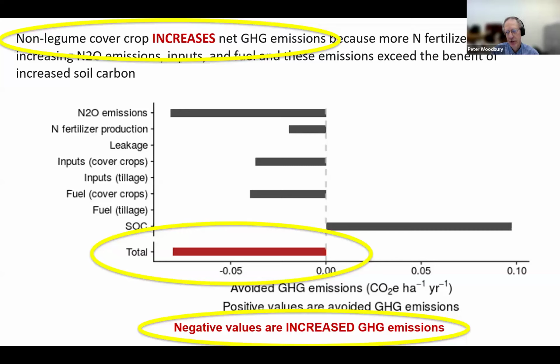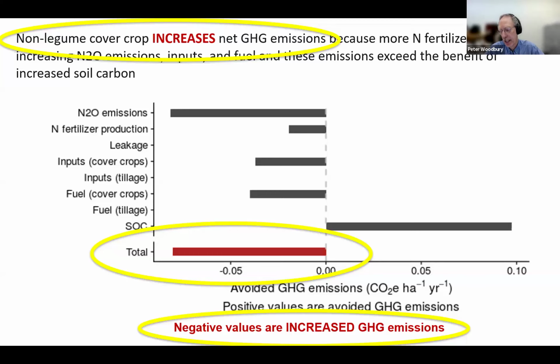There is a benefit for soil organic carbon as one of the source categories. However, there are 4 bars here that are negative. The top one is nitrous oxide emissions, and the next one is fertilizer production. So what's going on here?